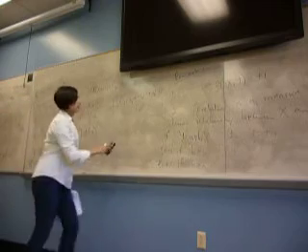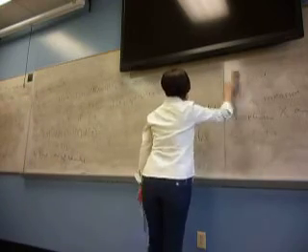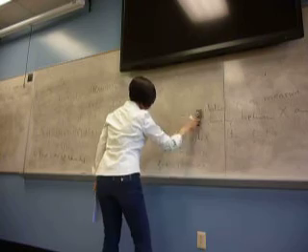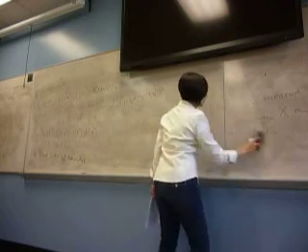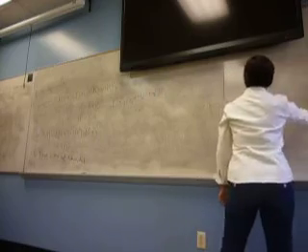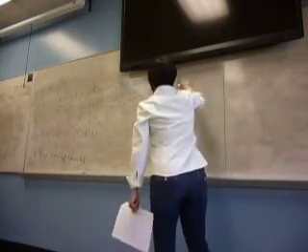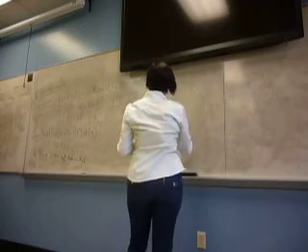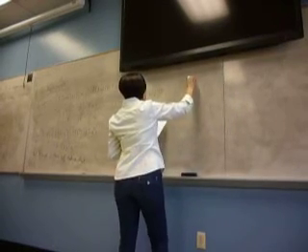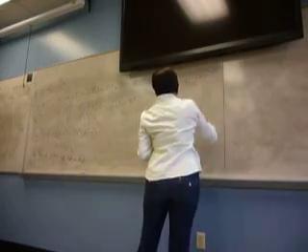And if you want to check that x and y are not independent, let's look at the joint probability of 0 and 0.